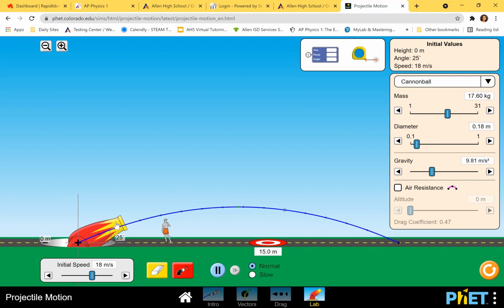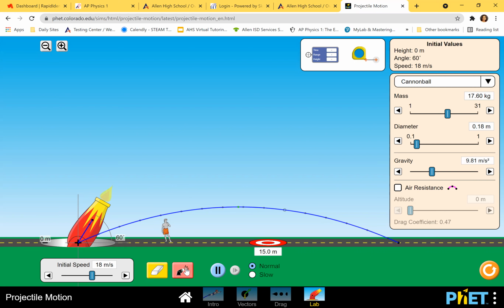What if I move it to, what was the other number? Not 45, but 60? Let's do 60. That one had the greatest time and the smallest, so I didn't change the initial speed. And so even though we don't see the components there, I raised it up closer to the vertical. And so horizontal component of the 18 meters per second should be less.